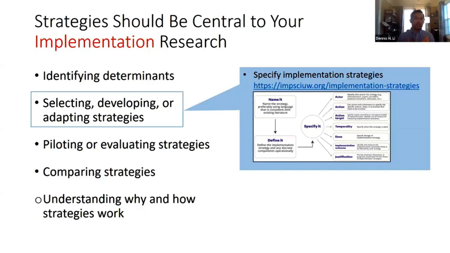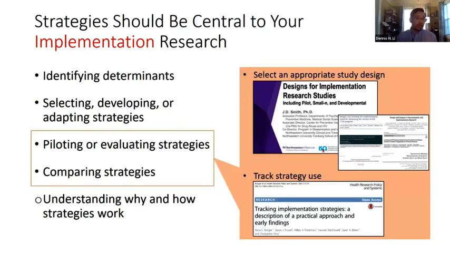Because I think being very specific about these strategies is really lacking in the literature right now. So as you study them and as you select them, we want to increase that specificity so folks can replicate and build on that evidence base.